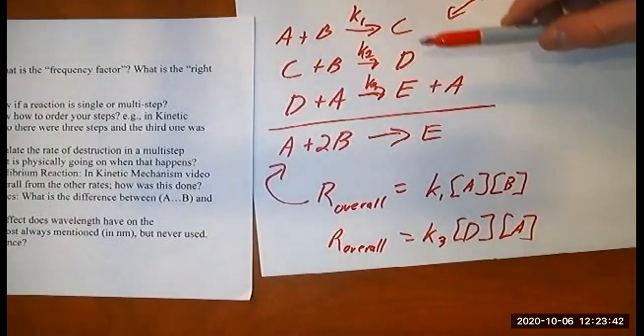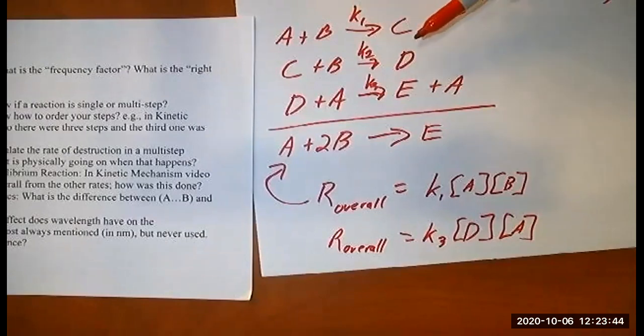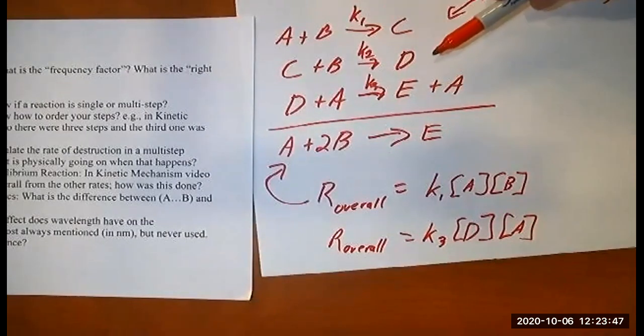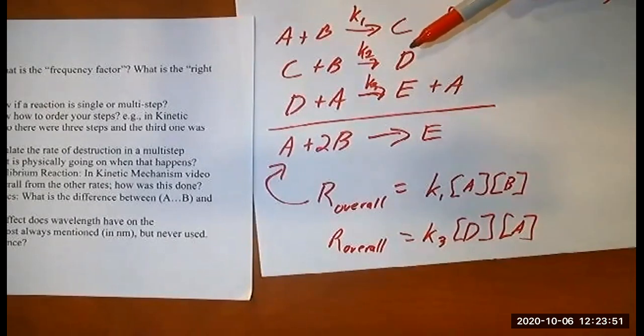It is something that is produced over the course of the reaction mechanism and is then destroyed over the course of the reaction mechanism. And as a result, it's not something that we can control by changing our starting conditions. We can't have an initial concentration of D because it shows up and then goes away very quickly.